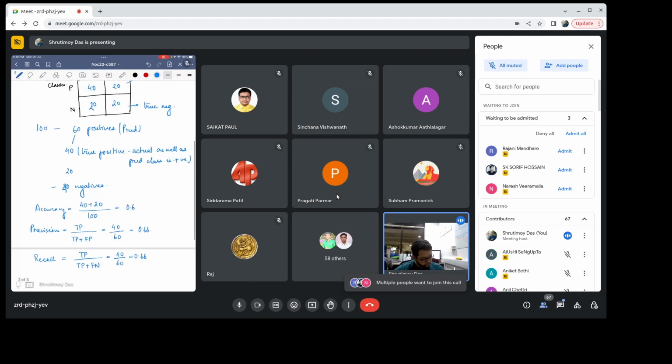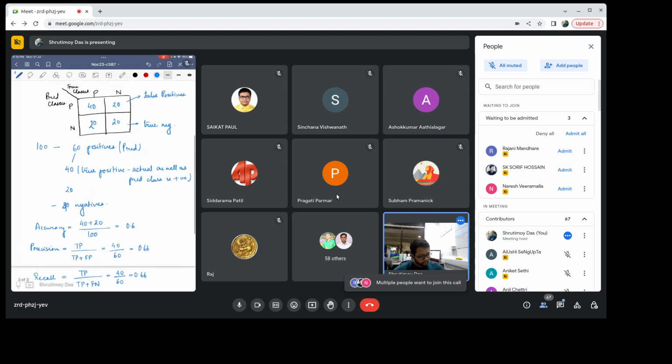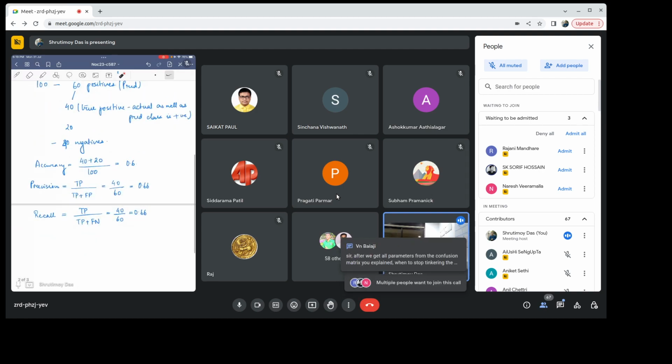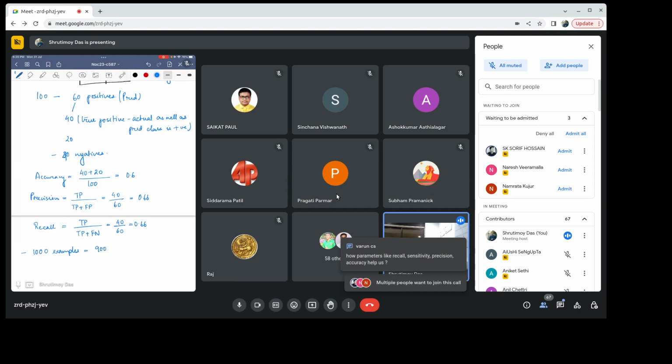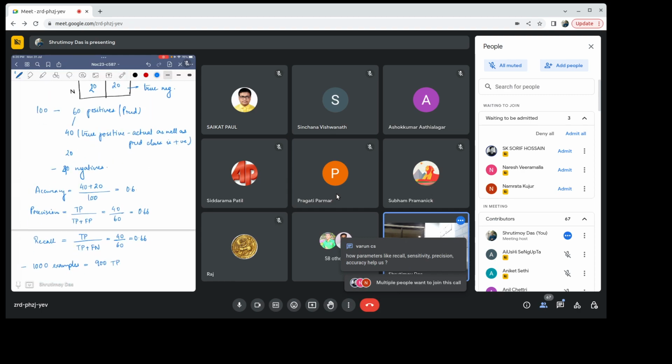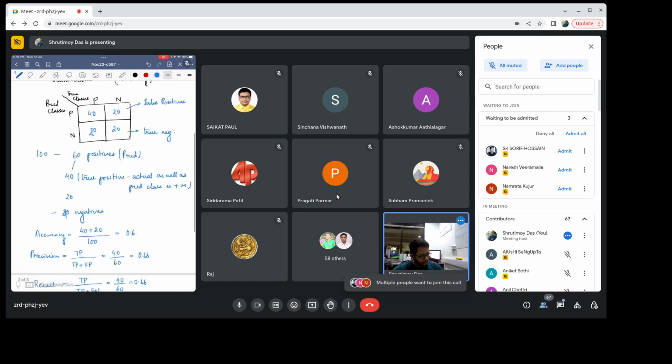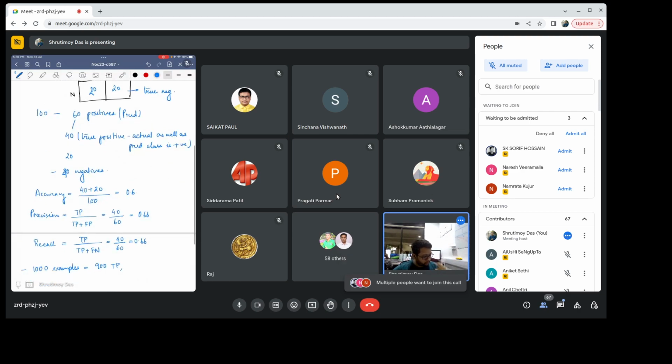Now, why do we need this? As you saw, for accuracy we require only the values along this diagonal. Suppose we have say 1000 examples, and out of these 1000 examples, suppose 900 are true positives. So 900 true positives. However, there are zero true negatives.